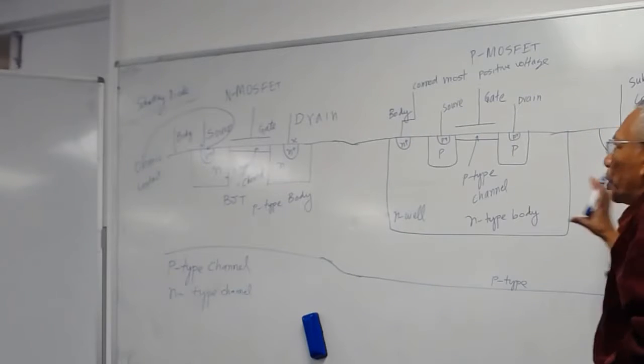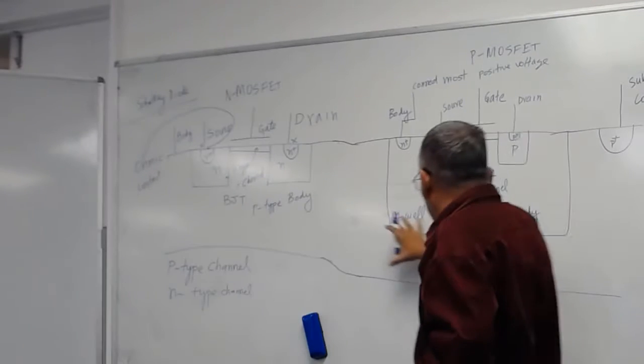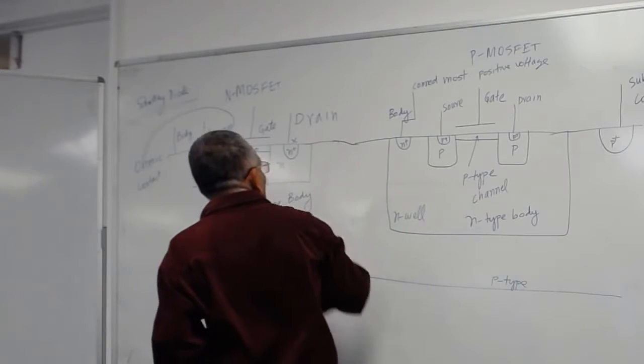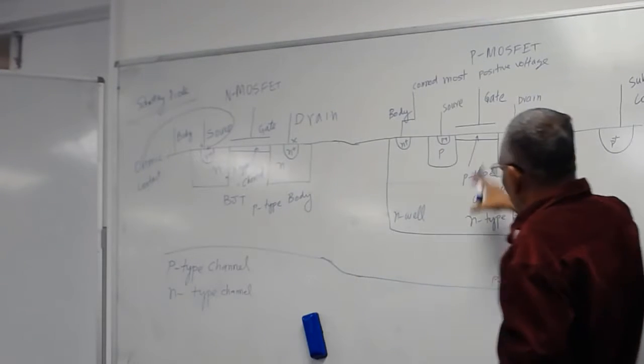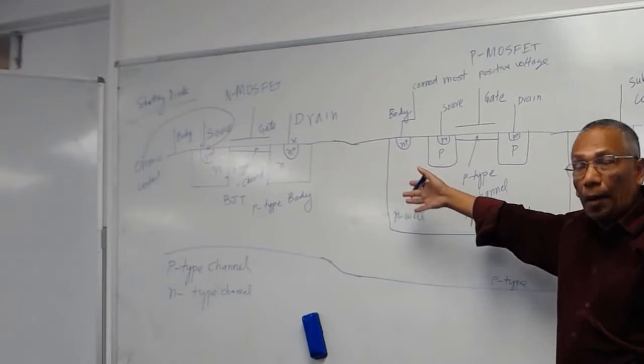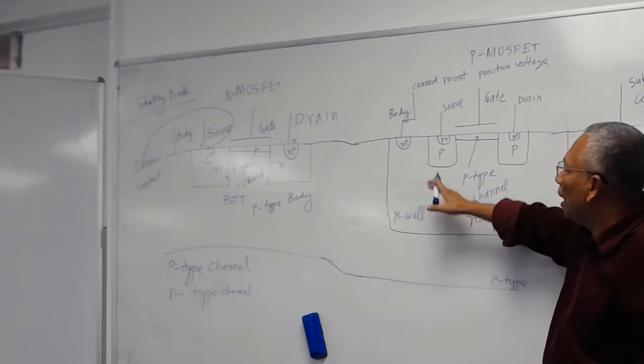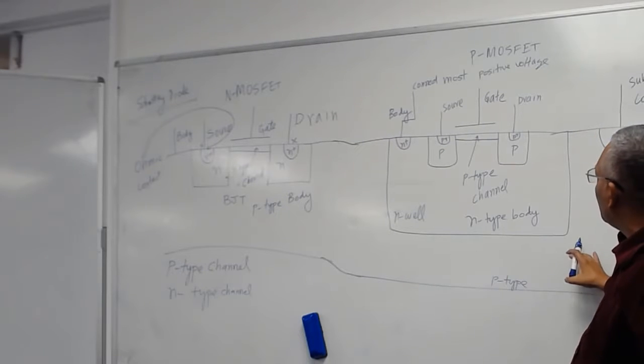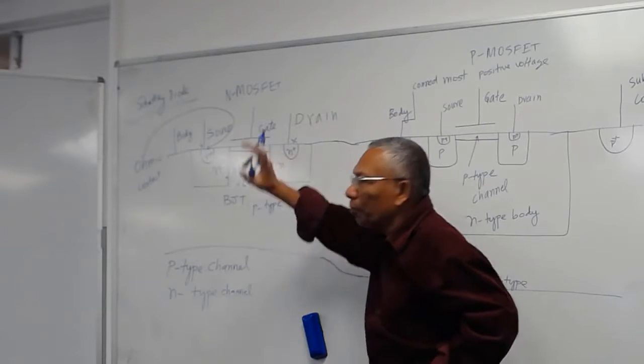It's all continuous, so this is all P-type. The P-type substrate is the body of the NMOS, and for the PMOS you have to actually diffuse an N well, which will form the body of the PMOS. This is not the body of the PMOS. This is the body of the NMOS.